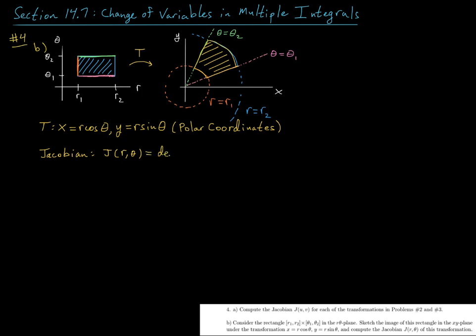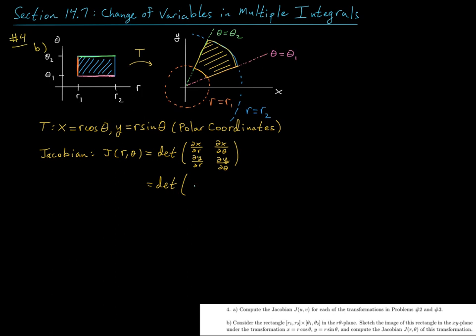So I'm going to take the determinant of this 2 by 2 matrix made up of the partial derivative of x with respect to r, and then the partial of x with respect to theta, and then the second row would be the r derivative of y, and the theta derivative of y.